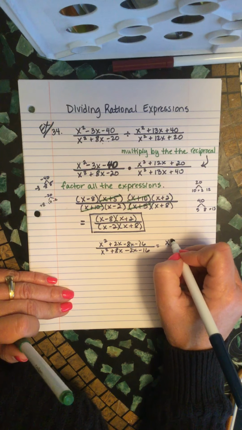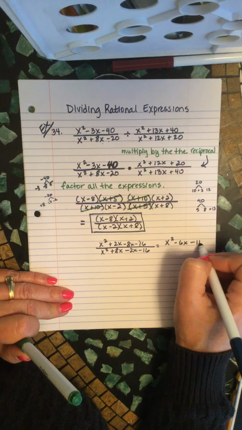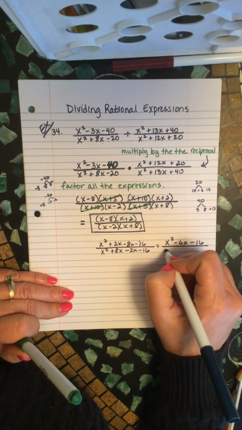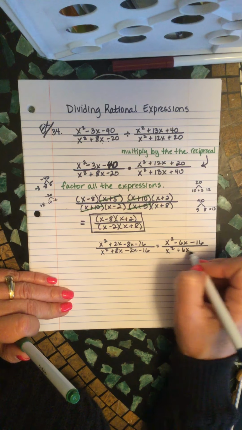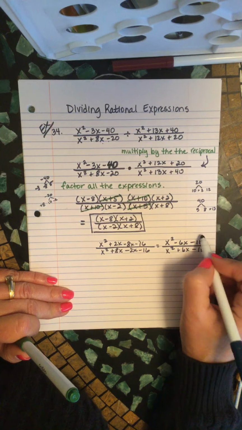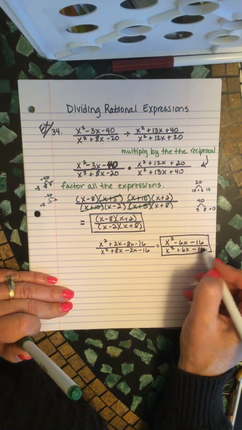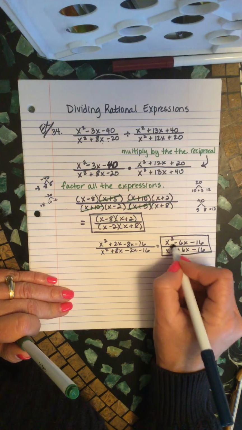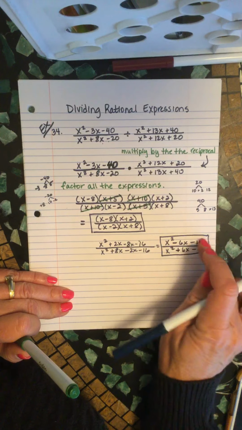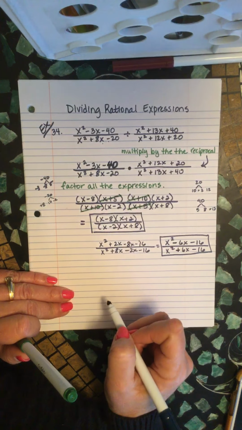So this would be equal to x squared minus 6x minus 16 over x squared plus 6x minus 16. And remember, we cannot cancel these numbers that are the same because they are connected with plus and minus to other numbers. So this is an entire polynomial. You cannot. Factors are different.